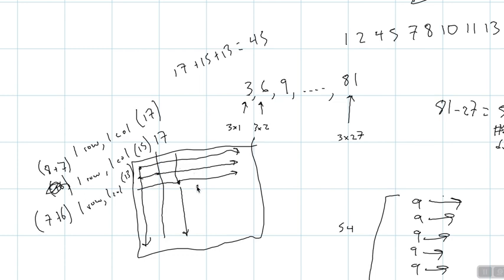If we consider this row here, there are 6 new numbers in this column.